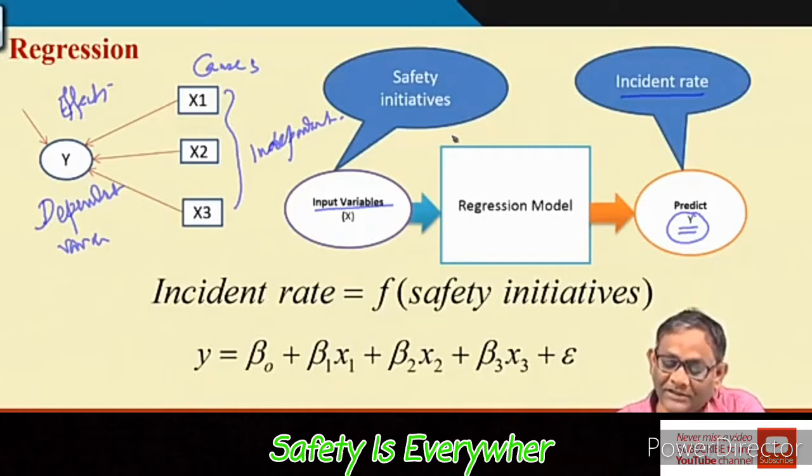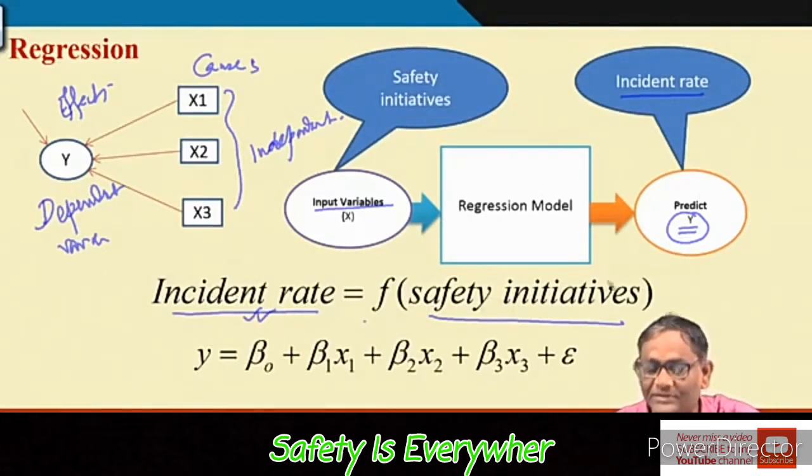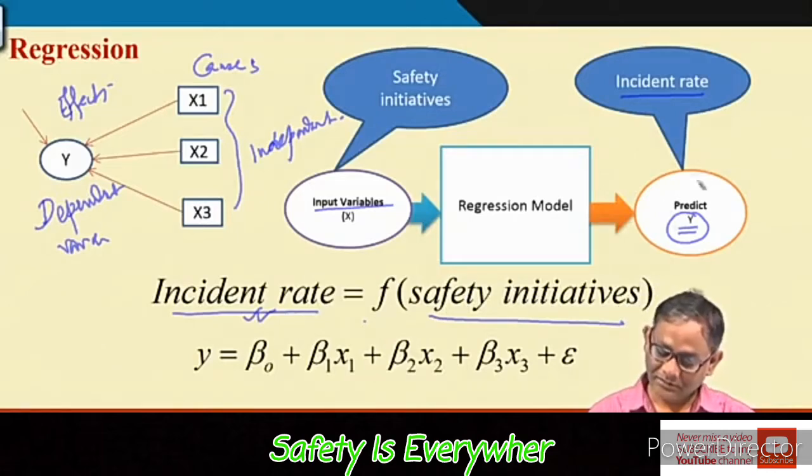So, you want to see the relationship between the incident rate and the safety initiatives taken, then you can go for regression analysis. In that case, the regression will ultimately talk about the relationship between incident rate and safety initiatives, where incident rate is a function of safety initiatives. So, incident rate is the dependent variable, and safety initiatives, like inspection, training and other things, are the independent variables.